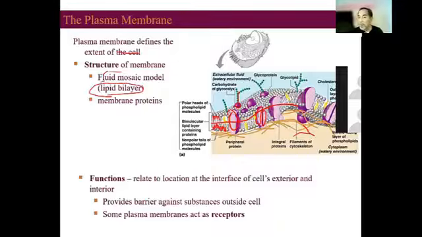This channel protein is what we're going to be discussing in your physiology class: how things from the outside go inside the cell, or how things from the inside of the cell go outside. That's going to be in your physiology class. But just remember, these membrane proteins are very important, because they signify a receptor. So the plasma membrane acts as a receptor because of these proteins.